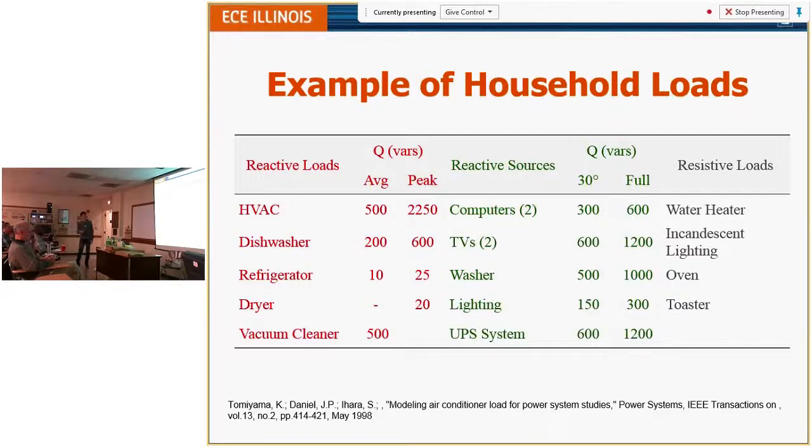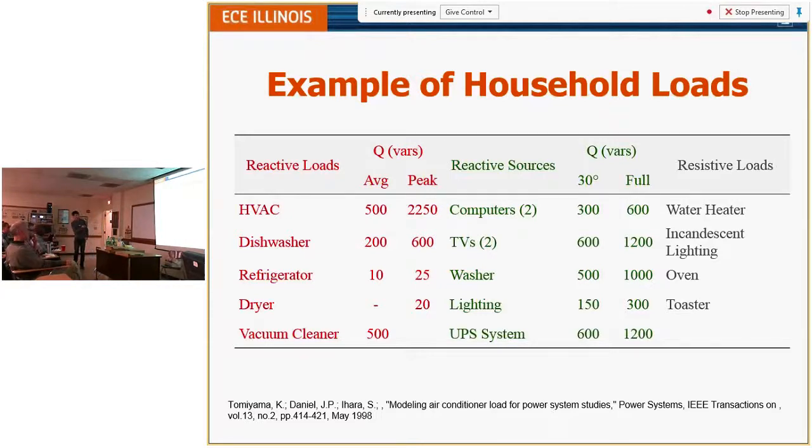However, in this 1998 paper, the author did not include the solar panel because he didn't think solar would have a huge impact in the future. But on average, if you want to install a solar panel on your roof, the rating is usually 3 to 6 kilowatts. The solar panel inverter has to be rated for its peak sun condition, so most of the time, practically, you will have some reactive power support from the solar panel inverter.